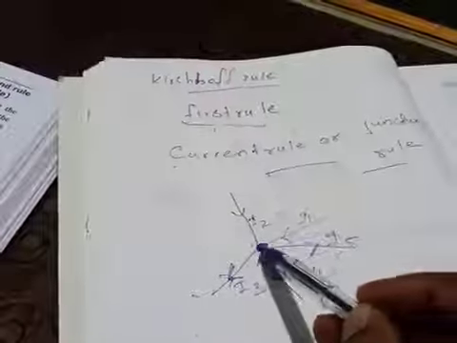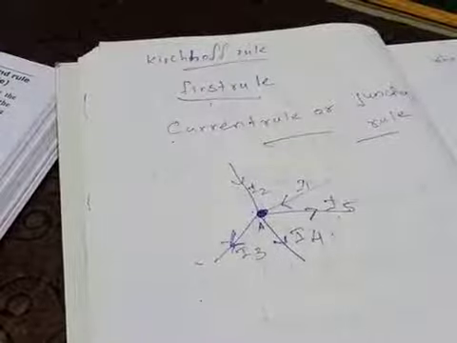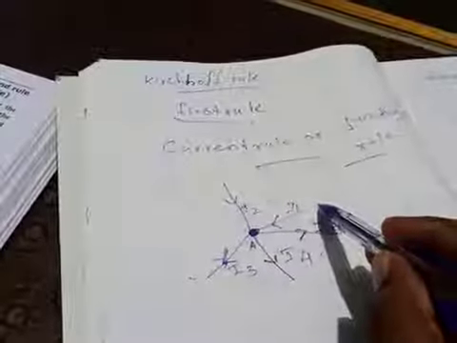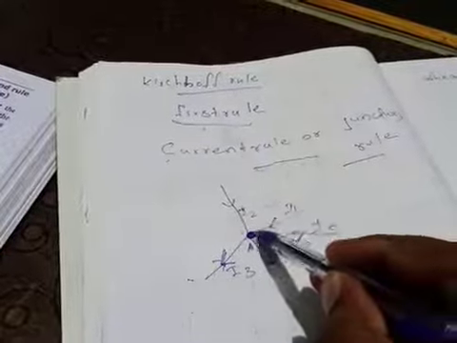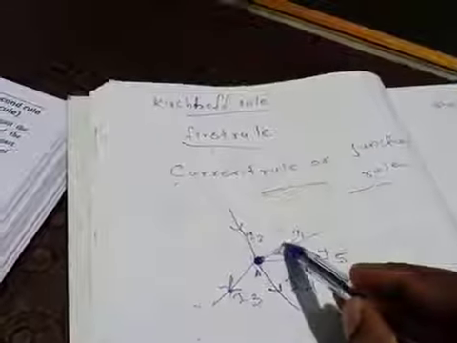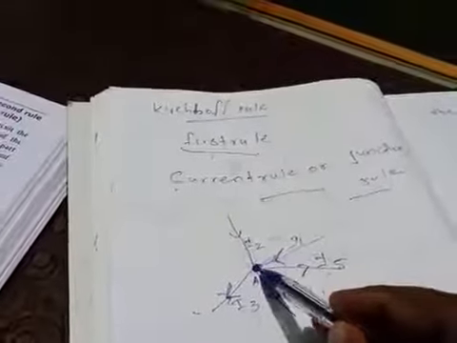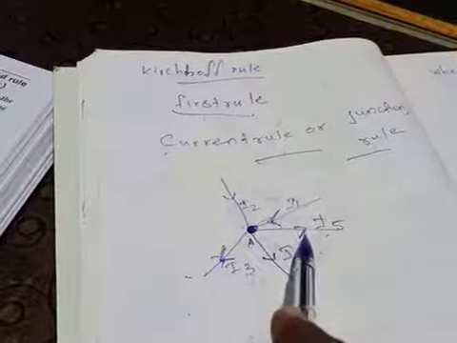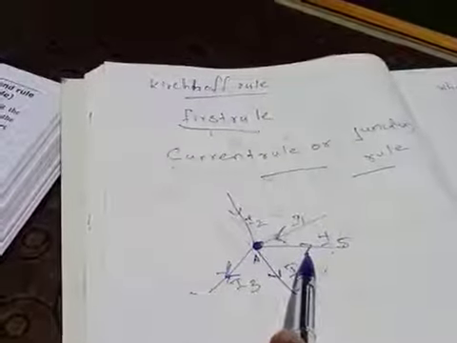This is based on the electron direction and conventional current direction. Kirchhoff is saying that for any junction, current moving towards the junction we can take as positive, and current moving away from the junction you can take as negative.